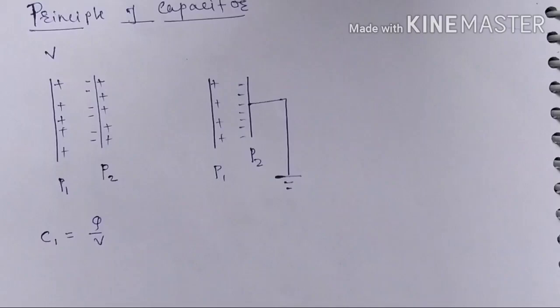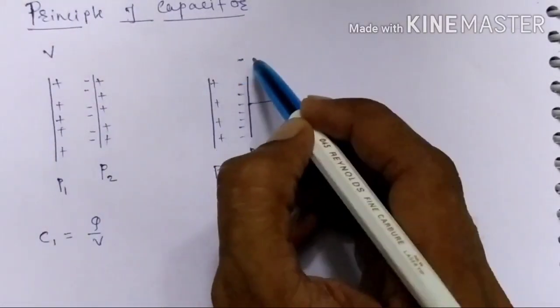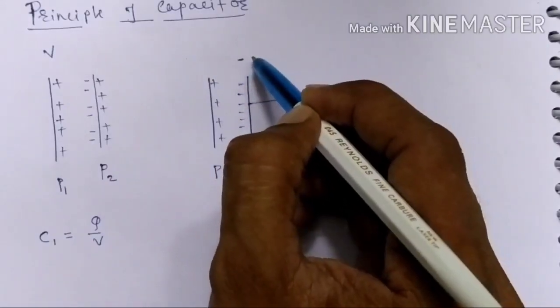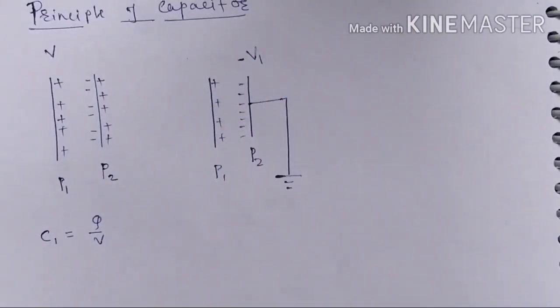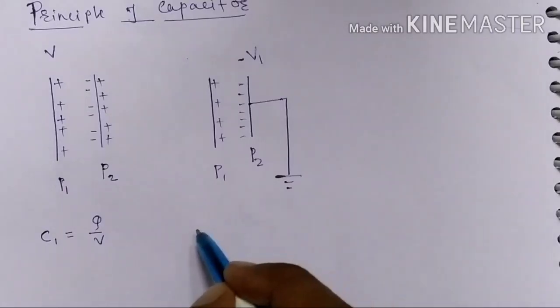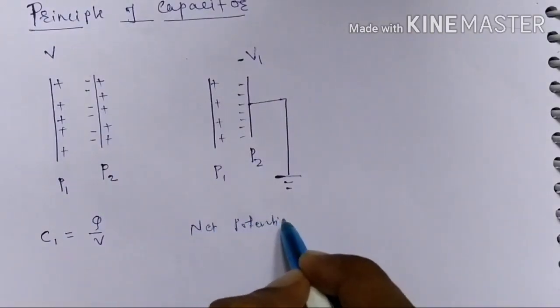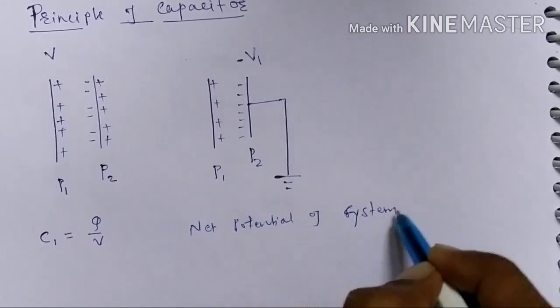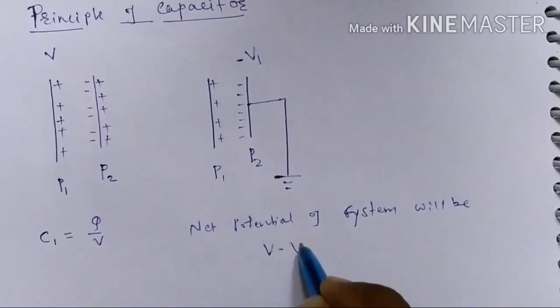Now the potential on plate P2 due to the minus charge is minus V1. Therefore the net potential of the system will be V minus V1.